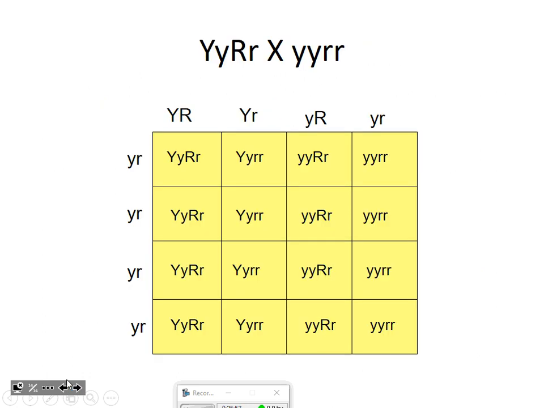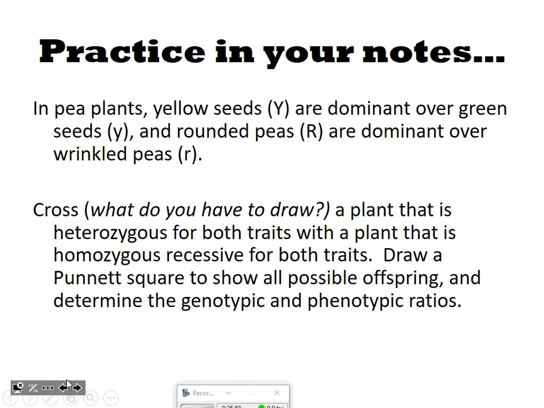So, when we make our crosses, we are going to find the gametes for capital Y, lowercase y, capital R, lowercase r, crossed with lowercase y, lowercase y, lowercase r, lowercase r.